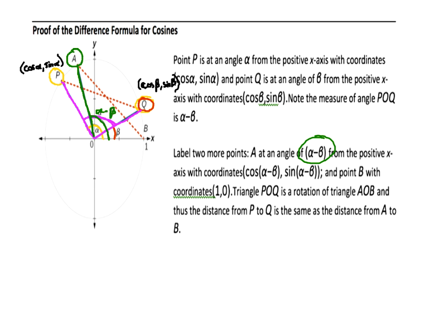So basically, and let me finish this off to make it a little easier on the eyes here. So basically, if you took the pink angle POQ and rotated it clockwise so that ray, or segment rather, OQ rotated down to the positive x-axis, those triangles are the same triangles. And those angles, the central angles at the origin, are the same angles. It's just been rotated through the circle.